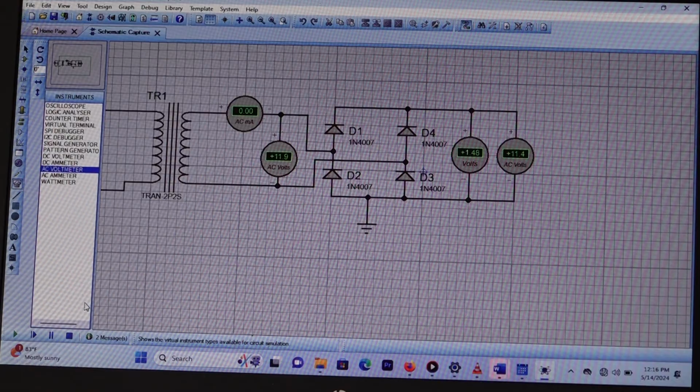What is the measured root mean square voltage? What is the output root mean square voltage of the bridge rectifier? Remember, the AC voltmeter measures root mean square voltage.